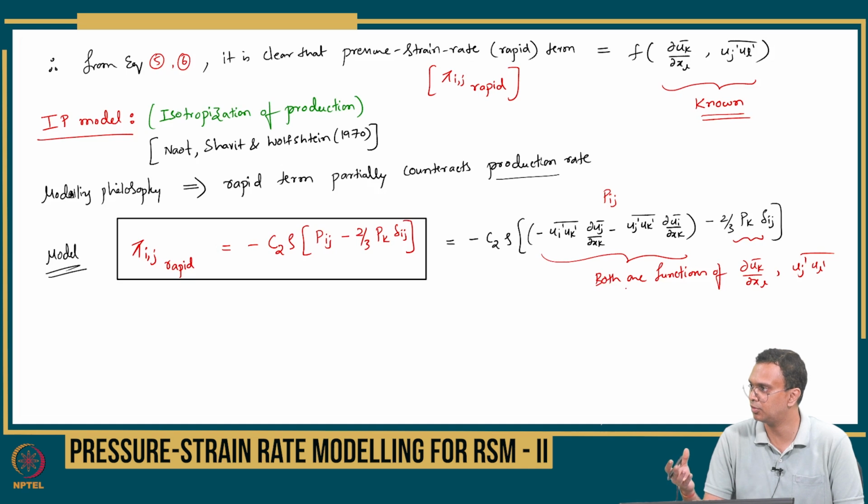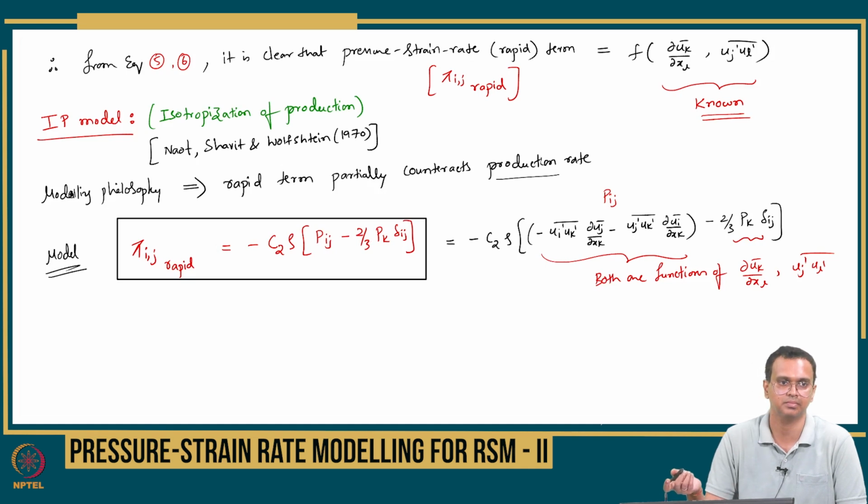Even in a canonical flow, we have seen that the production rate, let's say, is only in the x direction, then in y and z it is redistributing. So this pi ij is taking away whatever is being produced. It is essentially taking away everything. That is the whole meaning of isotropization of production.